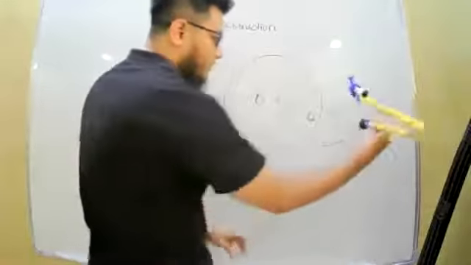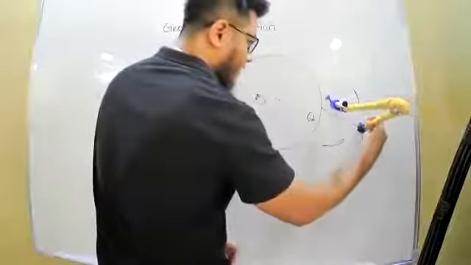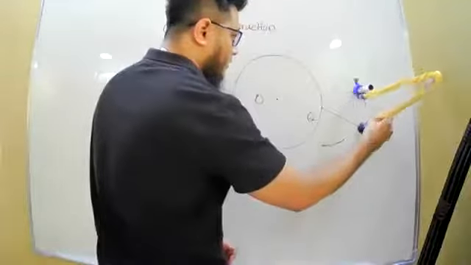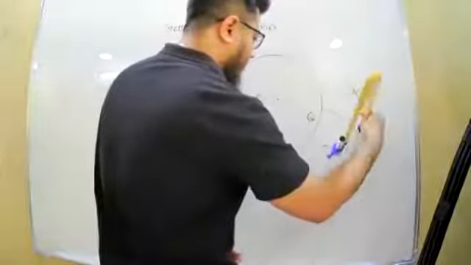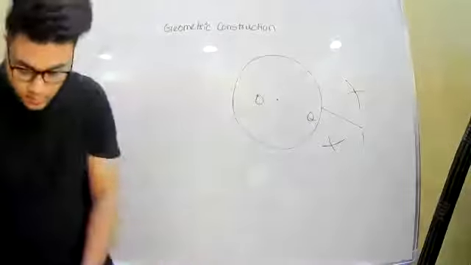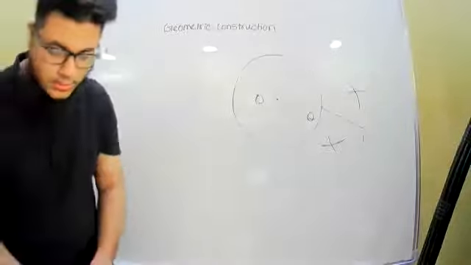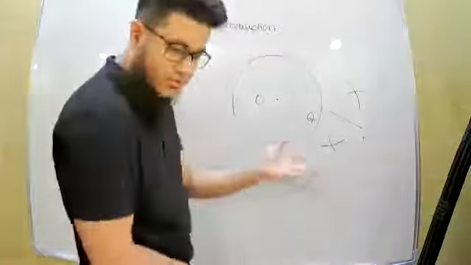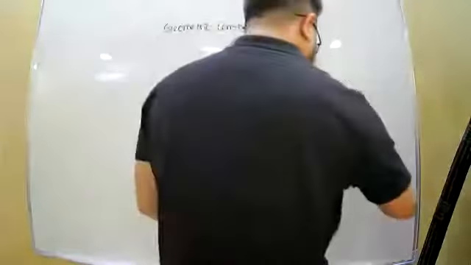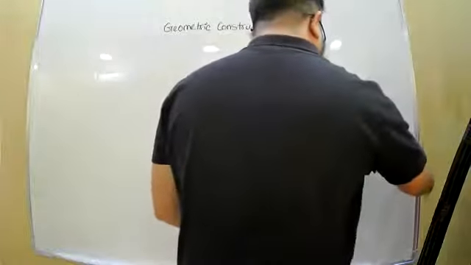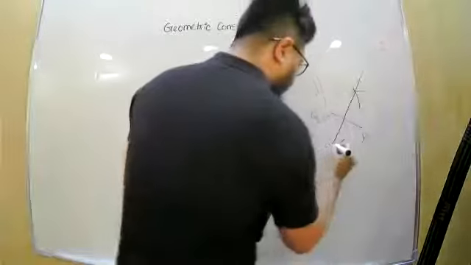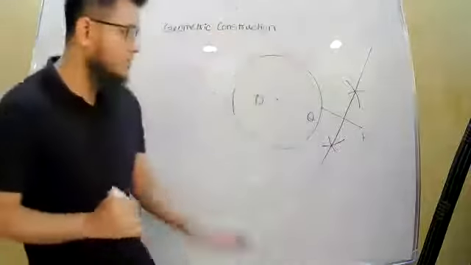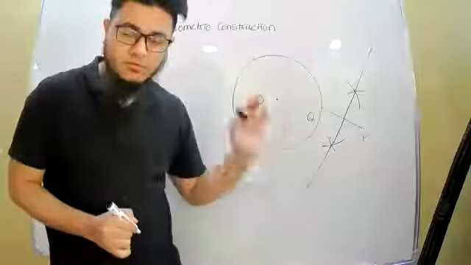Then we have to take P as center, and we have to draw another two arcs. Then we have to join these two. I don't have any scale actually here, so I'm just joining them by freehand. Okay, so this is the perpendicular bisector of PQ.